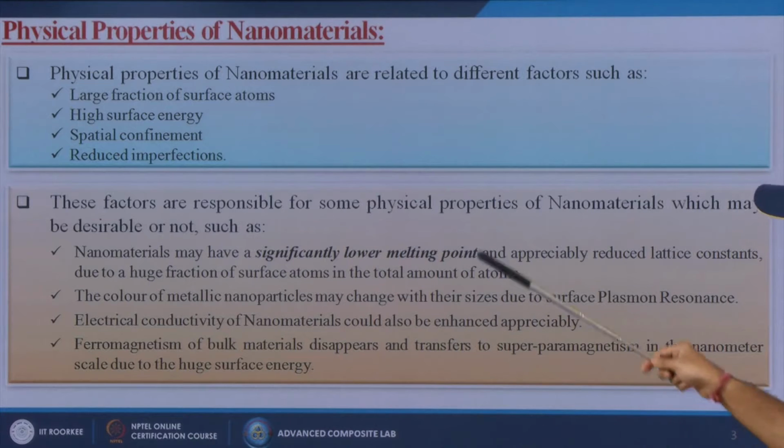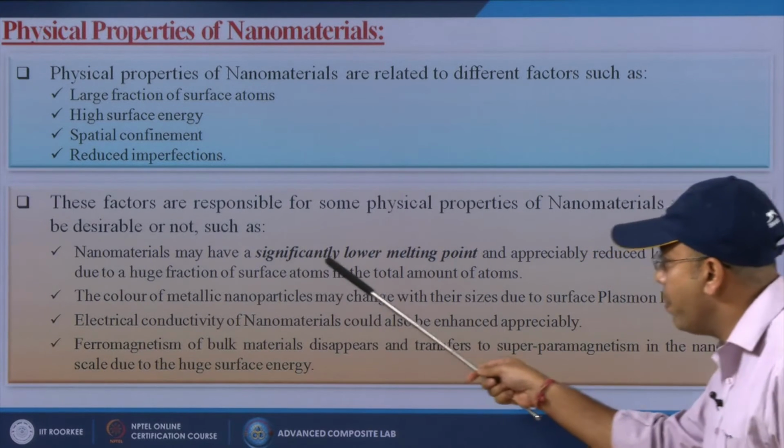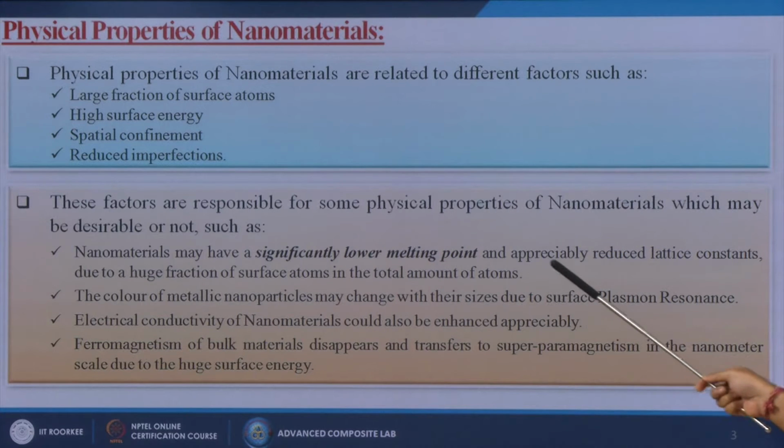These factors are responsible for some physical properties of nanomaterials which may be desirable or not, such as nanomaterials may have a significantly lower melting point and appreciably reduced lattice constants due to a huge fraction of surface atoms in the total amount of atoms.